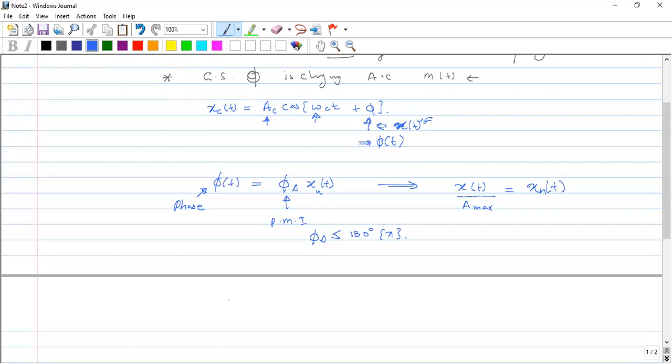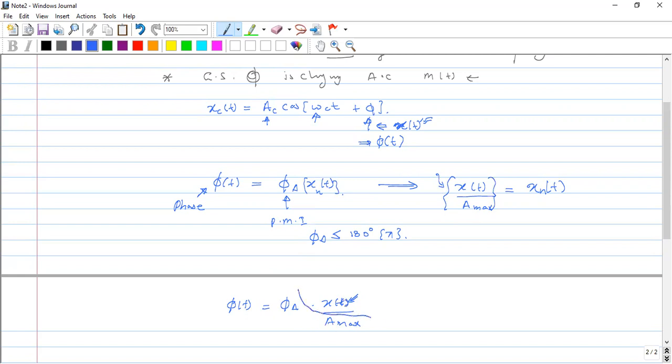So we can also write phi(t) as phi delta times the normalized signal. If I write it as x(t) over A max, this is the normalized signal, whereas x(t) alone is the direct message signal.